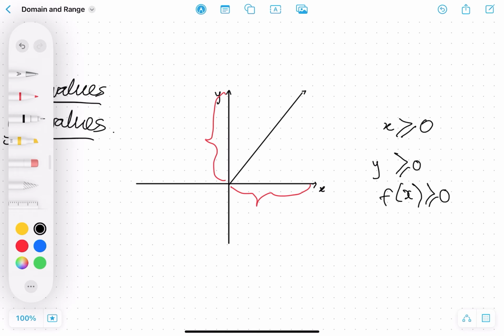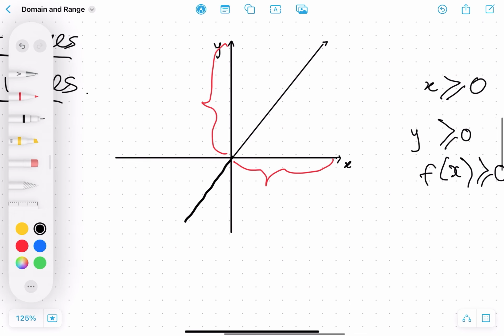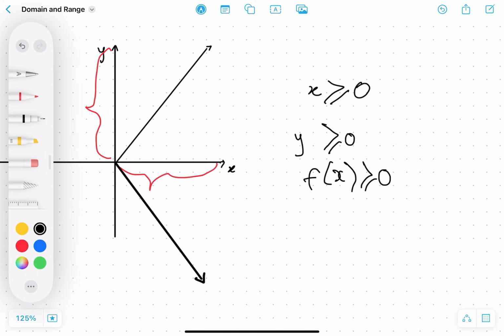So now if we modify this graph a bit, and let's say we have it continuing like this, the domain remains the same.